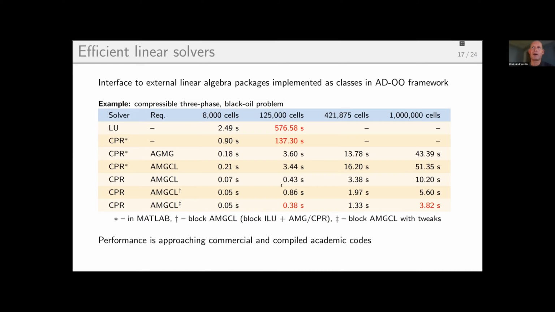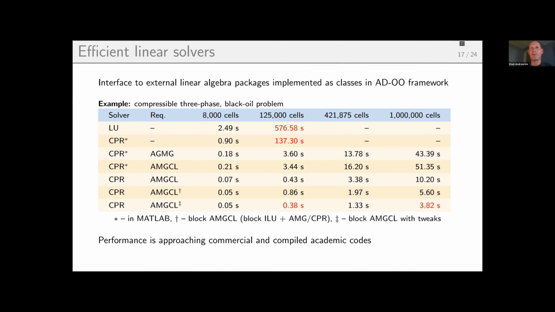However, if you go down to a compiled algebraic multigrid solver with the optimal preconditioning and a little bit of tweaks, you can bring your solution time down to less than a second. And this scales pretty well. When you go up to more than 1 million cells, it increases by a factor according to the increase in the number of unknowns.